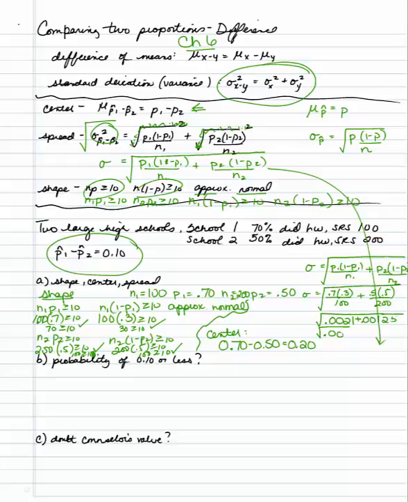And combined, it's 0.00335. And square rooted is, where's my work here? 0.057879. And that would be my spread, or my standard deviation.